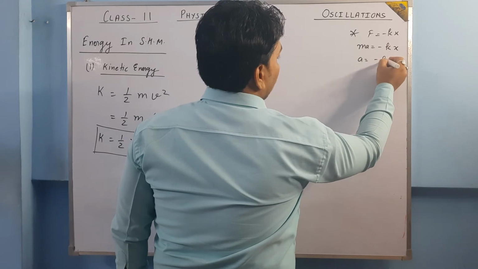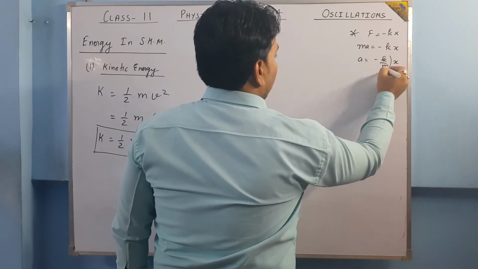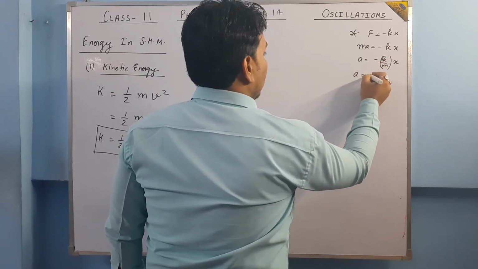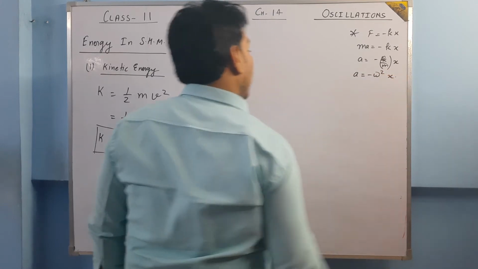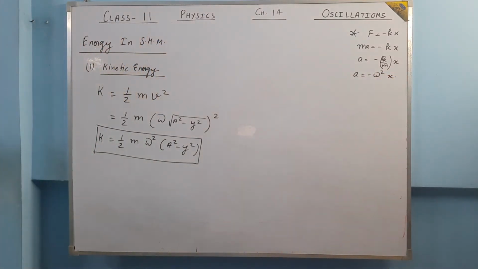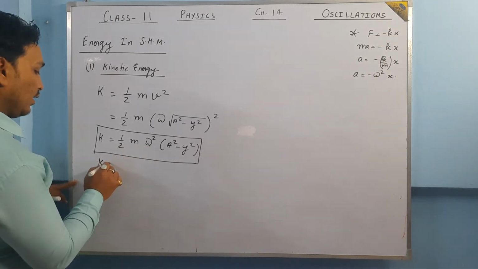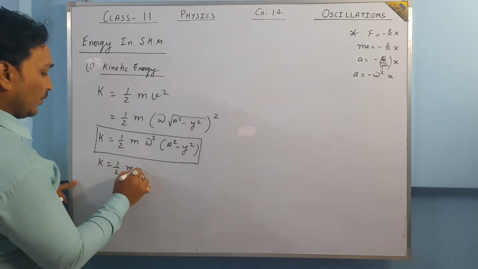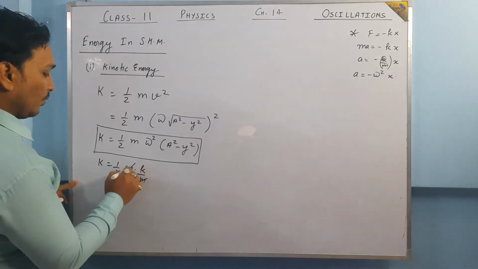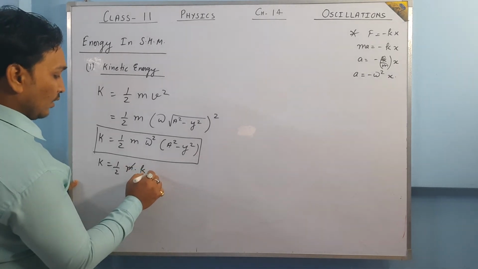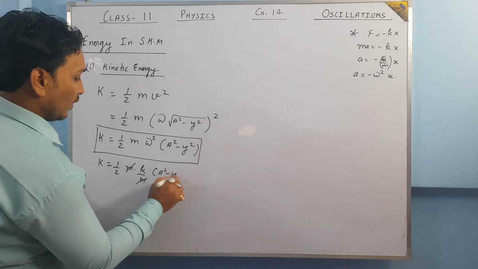So a is equal to minus k by m into x. This k by m is considered as omega square, so minus omega square x. So the value of k by m is equal to omega square. In place of omega square we can write k by m, so m and m will be cancelled out.